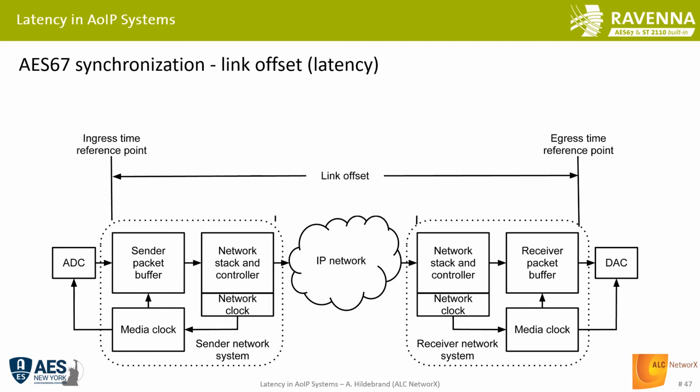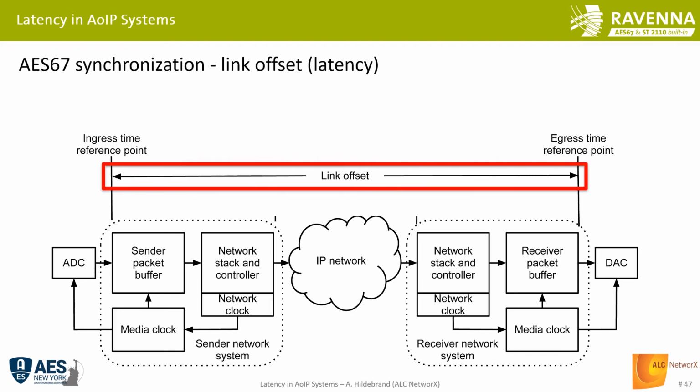That's the plane where it's forwarding the sample, not the packet, the sample, to the output stage, right? So how this relates to each other is we have a timestamp with the first sample, which is transported inside the RTP packet. We have a chosen link offset, and the link offset also needs to take into account a potential random RTP offset. That's what I explained yesterday.